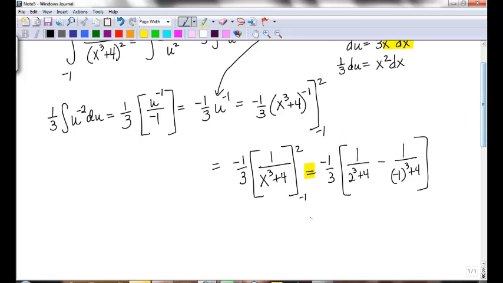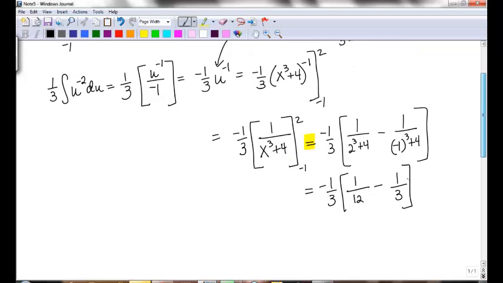Okay, so far, check my arithmetic. It'd be -1/3, and then 2 cubed would be 8, so that'd be 1/12, minus, and that would be 1/3, right? Then leave the -1/3 out front. If you get a common denominator, it would be 12.